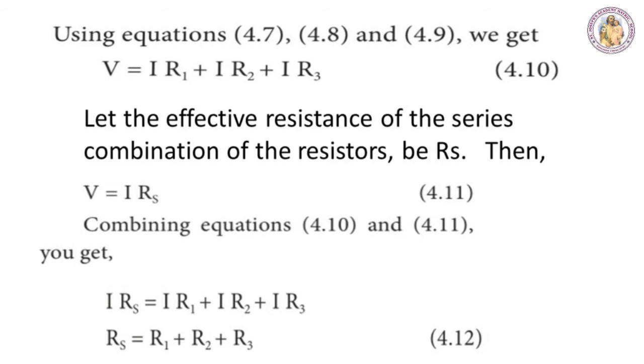That is 4.11. Combining equations 4.10 and 4.11, we get IRs is equal to IR1 plus IR2 plus IR3. So here Rs is equal to R1 plus R2 plus R3. That is equation number 4.12.